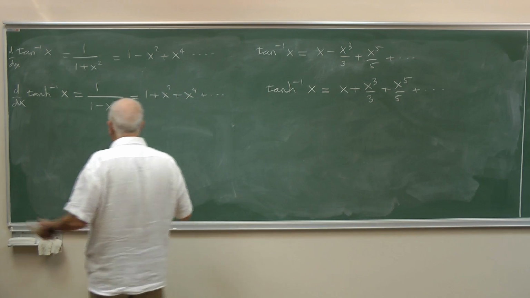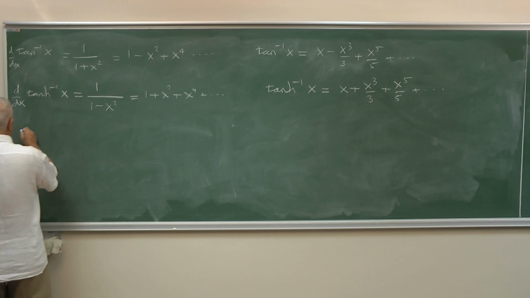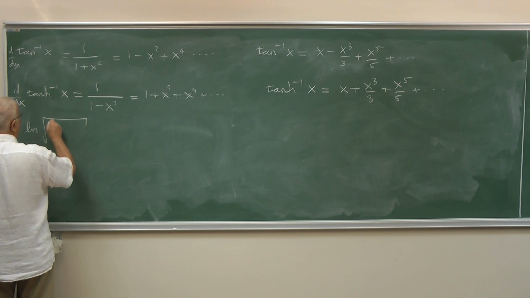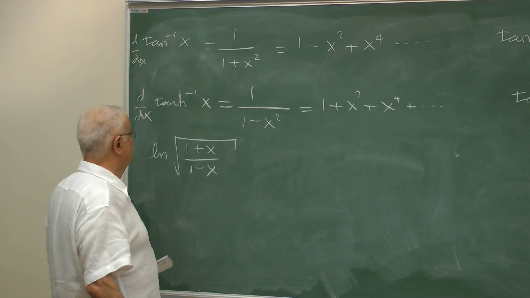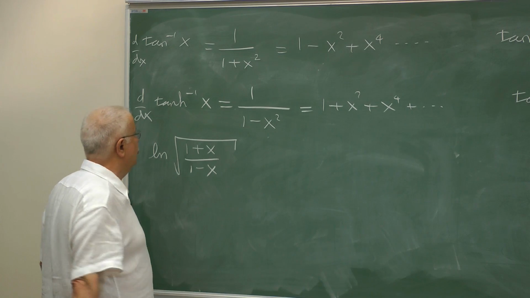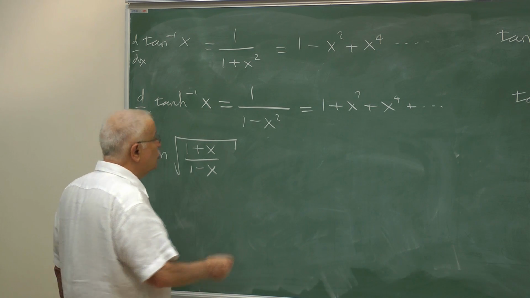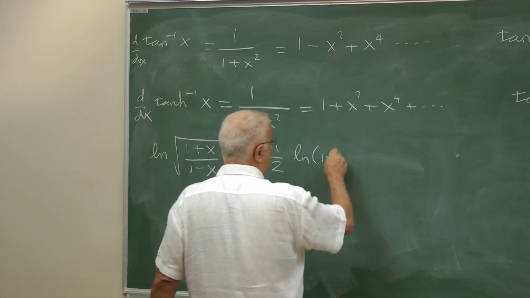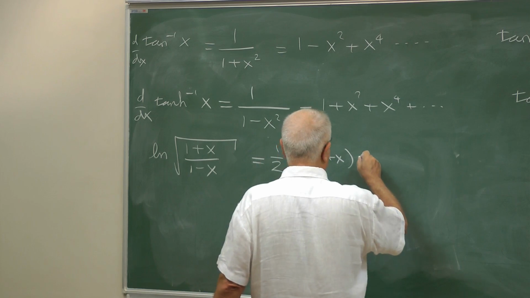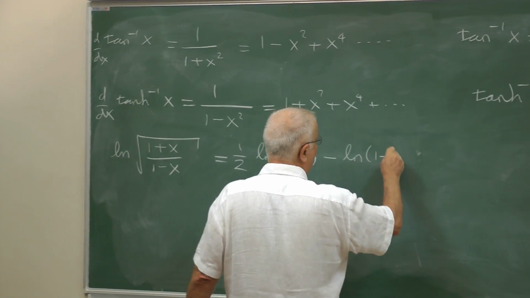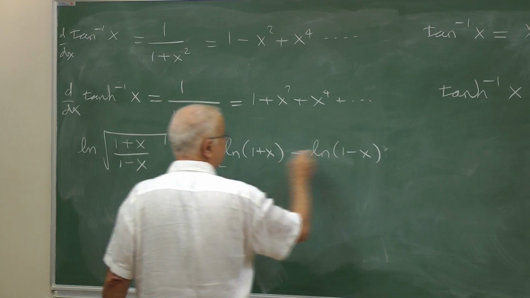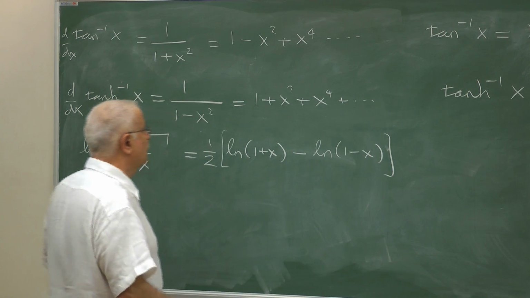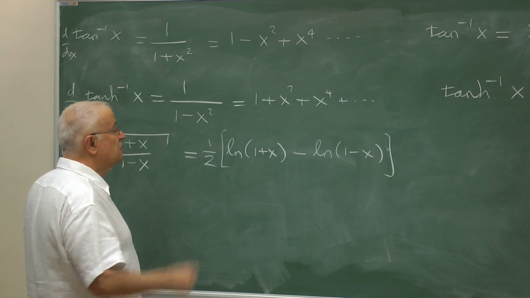At this point, I'll do something strange. I want the natural logarithm of 1 plus x divided by 1 minus x inside the square root. So this is actually 1/2 of ln(1 plus x) minus ln(1 minus x). ln(1 plus x) we had done.